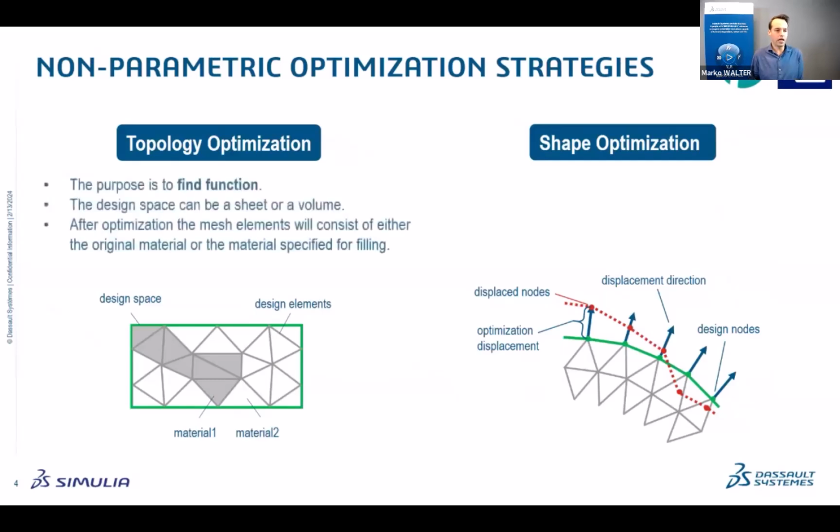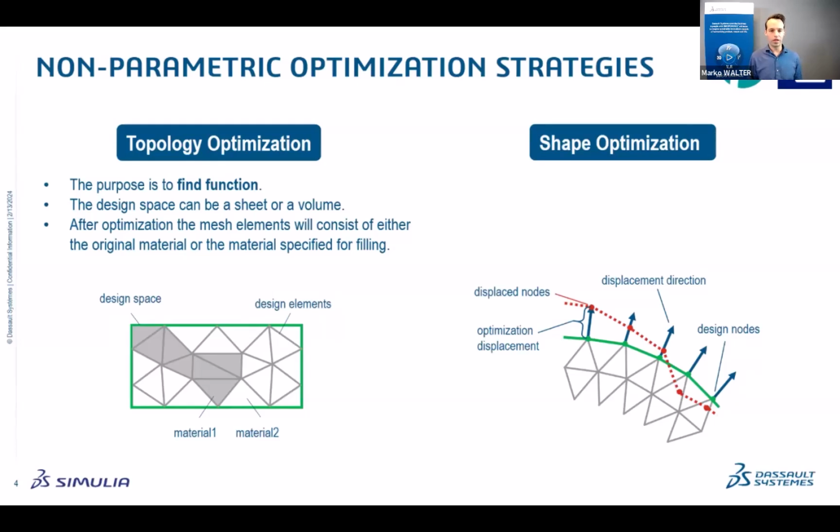Basically, the purpose is to find some type of function from a black box. So you have a design space depicted here by the green boundary, which can be either a sheet or a volume. And the idea is that after optimization, the mesh elements will consist of either the original material or the specified material for the filling.